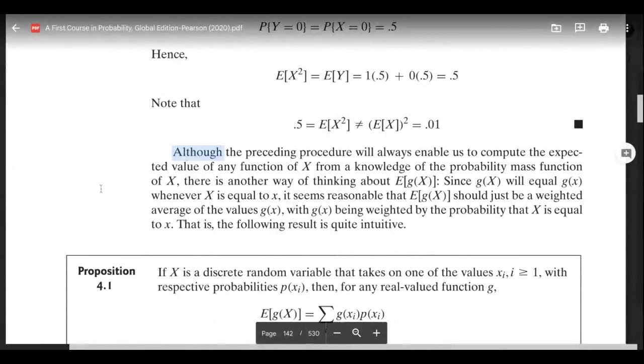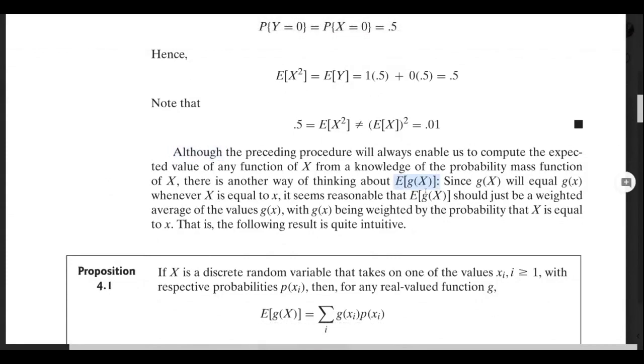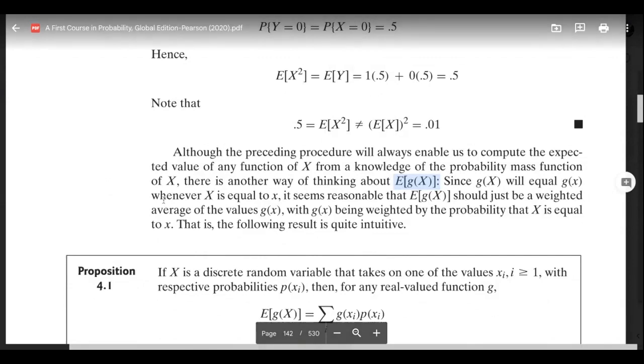Let's read this. Although the preceding procedure will always enable us to compute the expected value of any function of X from our knowledge of the probability mass function of X, there is another way of thinking about the expected value of g of X. Little x represents a value of this random variable.